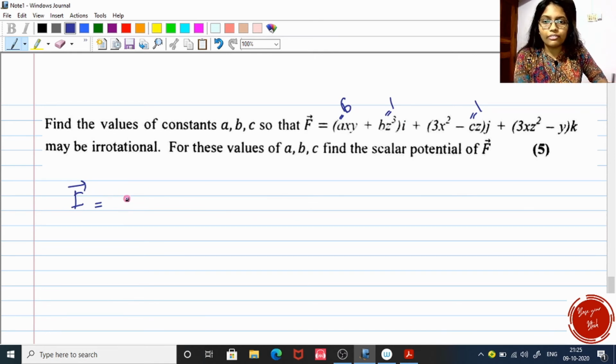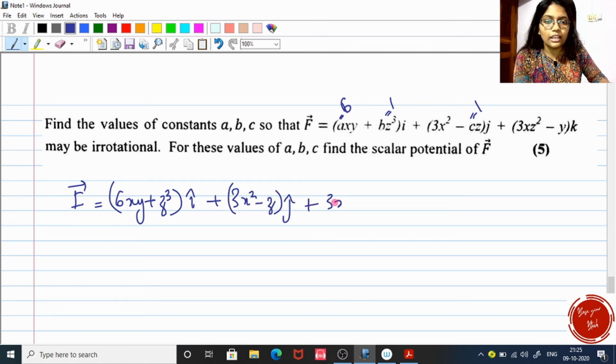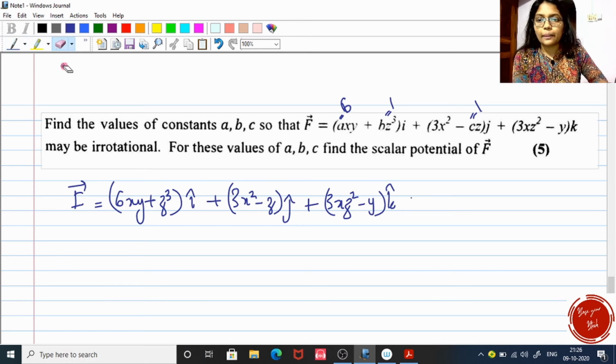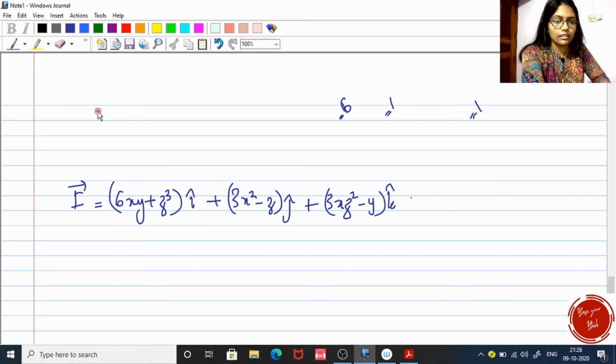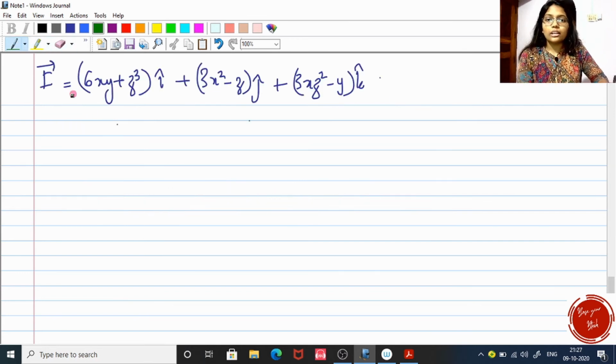That is vector F is equal to 6xy plus z cube i cap plus 3x square minus z j cap plus 3xz square minus y k cap. Let me arrange this. So here comes the vector F, and we know that this vector F is an irrotational one.